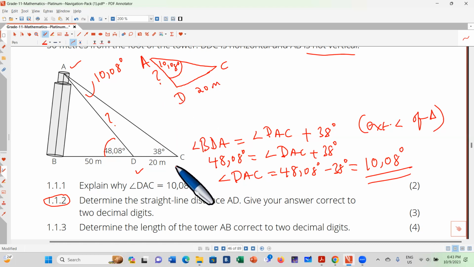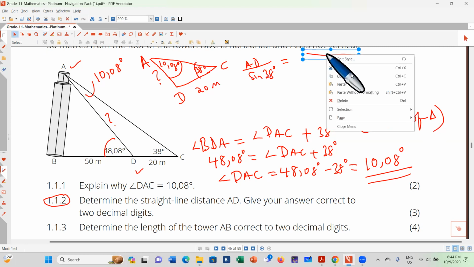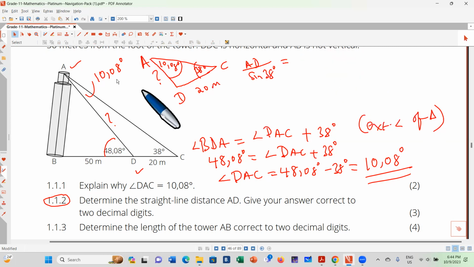So we are given this information, but we also know that this angle C is 38 degrees. So, which means AD over the sine of 38 degrees equals this side here over the sine of 10,08 degrees.